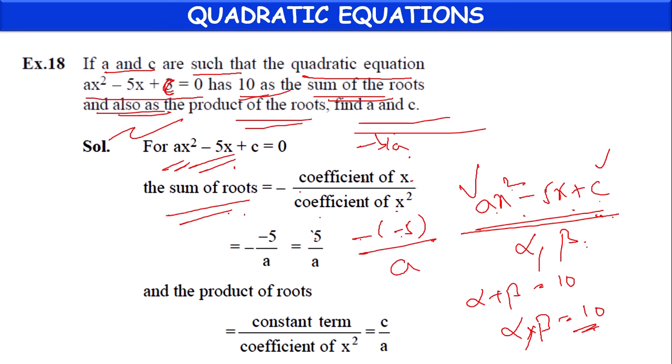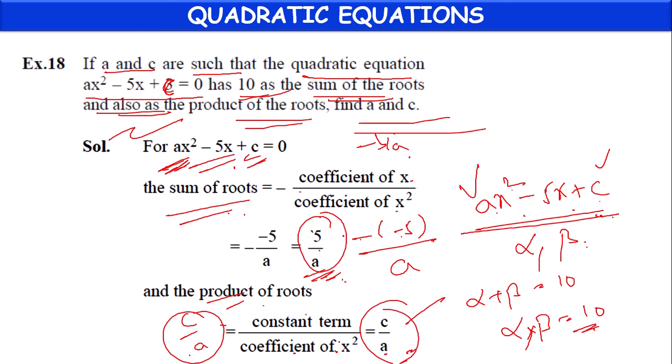Minus into minus becomes plus, so 5 by a is the sum of the roots. The product of roots formula is c by a, which means constant term by coefficient of x square. The constant term here is c and the x square coefficient is a. So we are getting 5 by a and c by a.